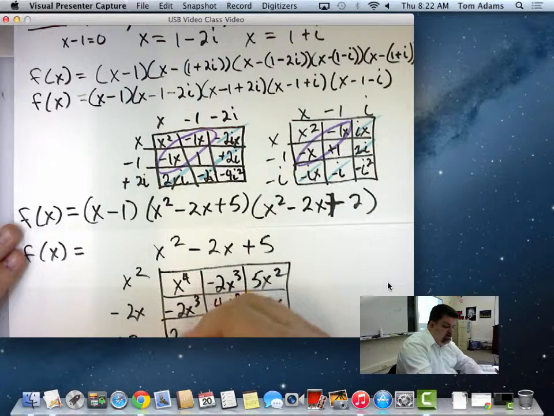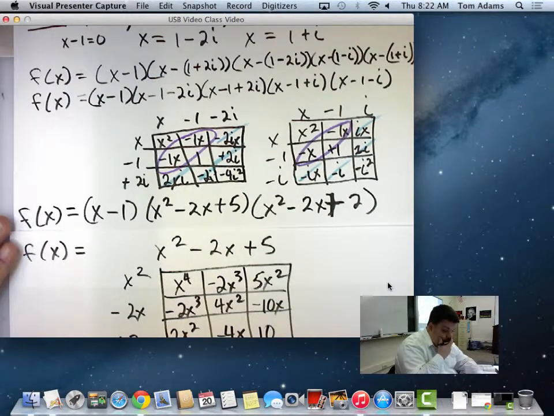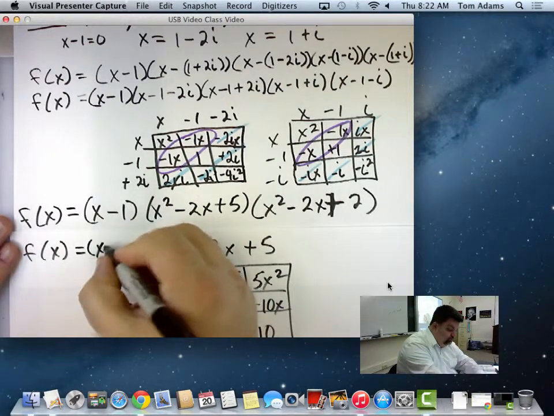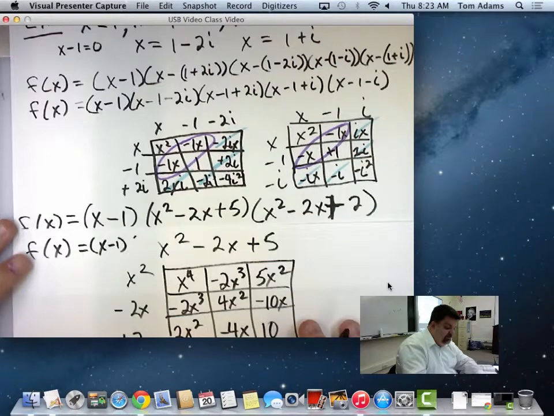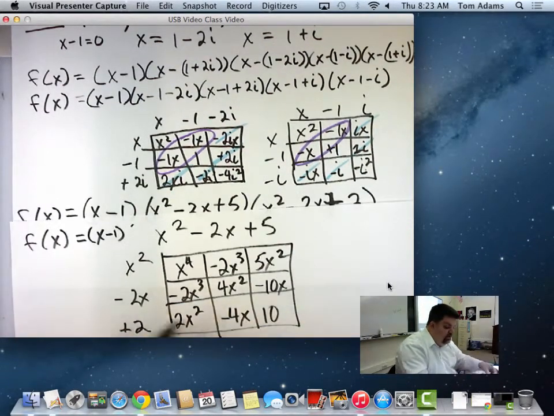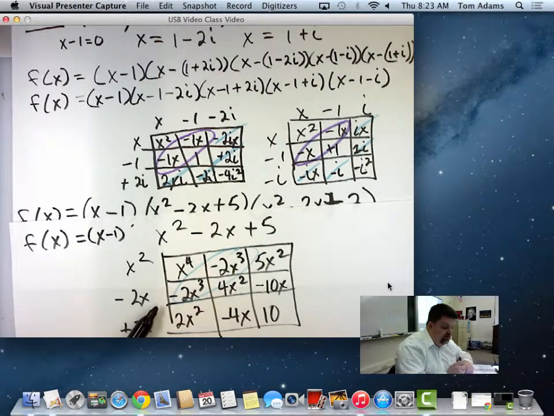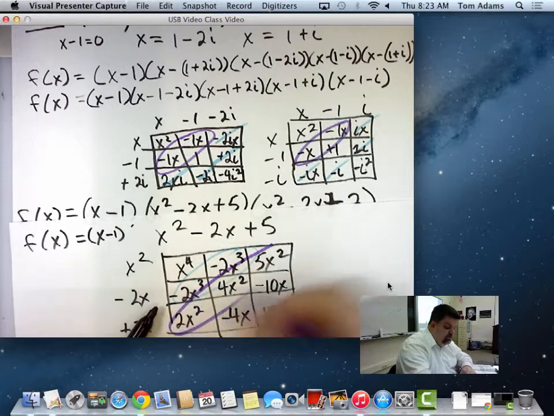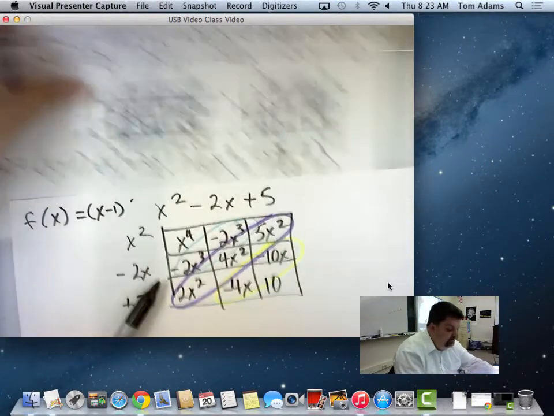You guys play along at home to make sure that I'm not making any mistakes. Times whatever this is, right? So if we look at the like terms, these are like terms. These are like terms. And these are like terms.